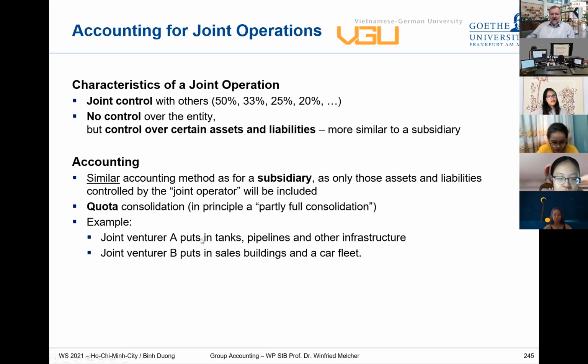For instance, in our example for the joint operators, joint operator A puts in tanks, pipelines, and other infrastructure, and the other joint venturer B puts in the sales buildings, the car fleet, the power plant and so on.